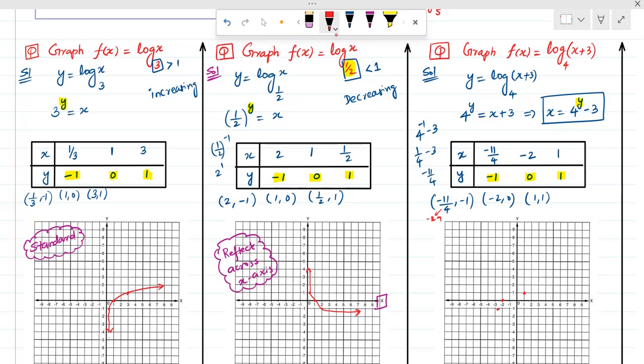So this is the graph you will have. Since the base is more than 1, it is increasing, but there is a shifting happening here. The standard graph will be here.